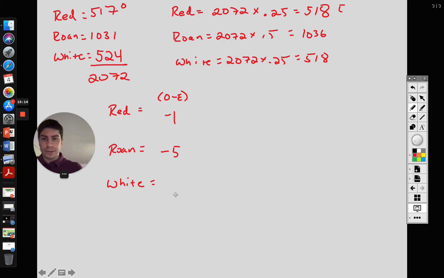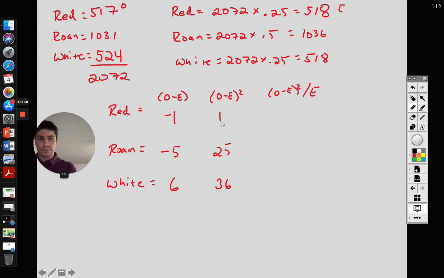I can't do mental math right now. It should be 6. There we go. So there are our O minus E's. Squared, we get 1 there, 25, or 5 squared is 25, and 36. And then our O minus E squared divided by our expected.